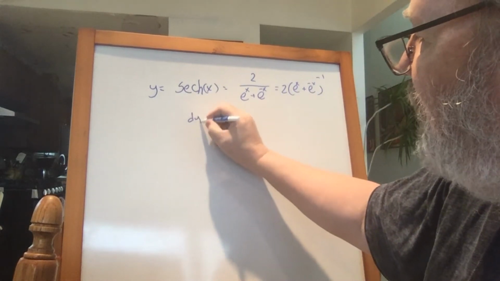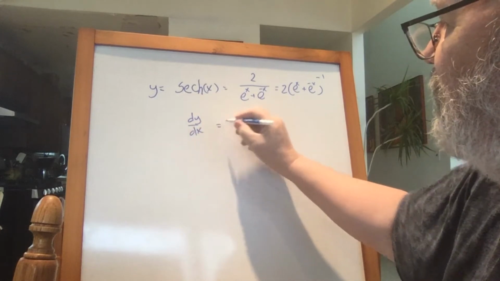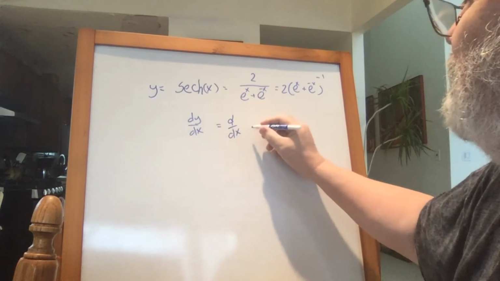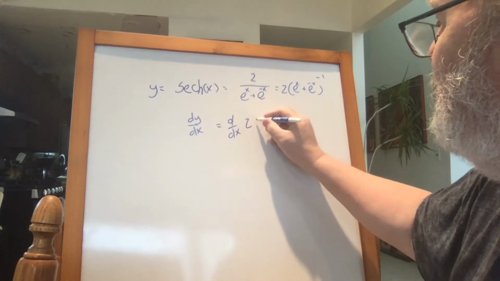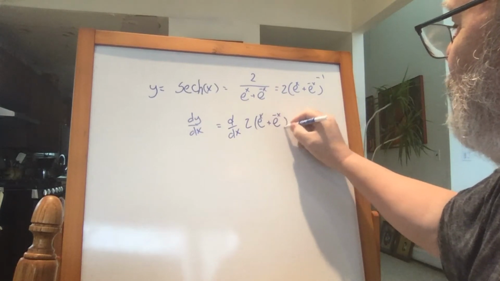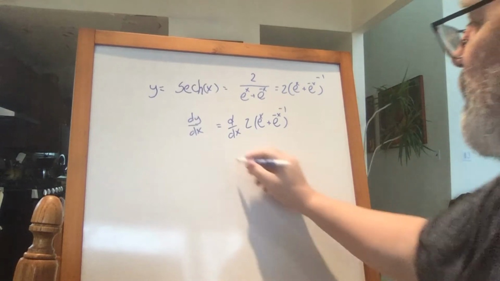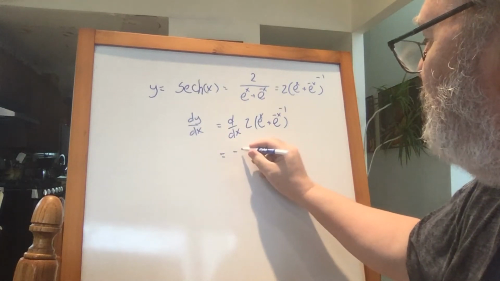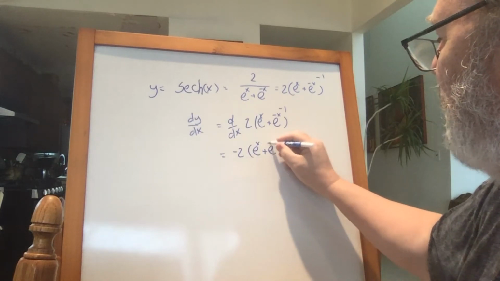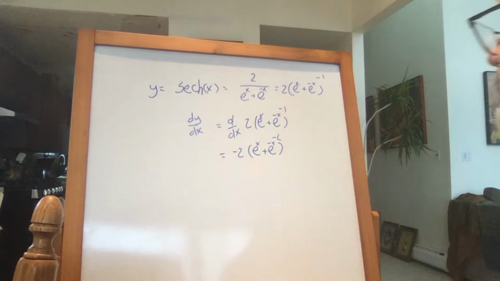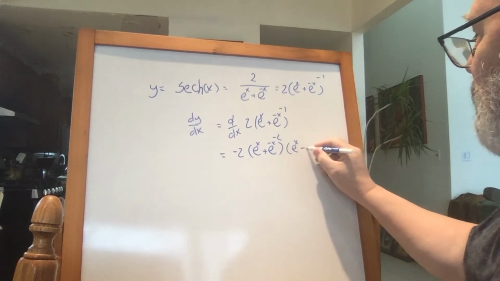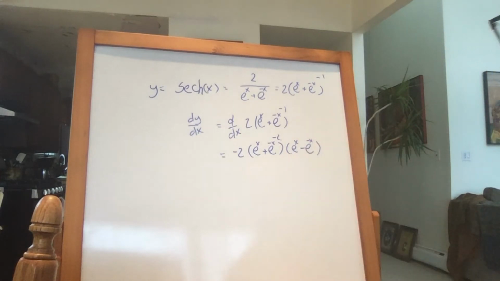So dy dx equals d dx of 2 times e to the x plus e to the minus x to the negative 1. That's equal to minus 2 times e to the x plus e to the minus x to the negative 2 times e to the x minus e to the minus x.